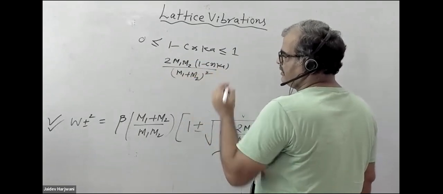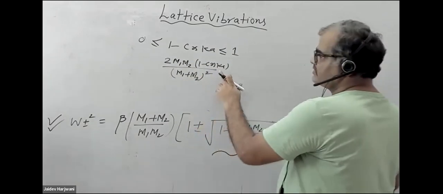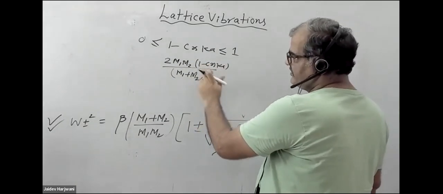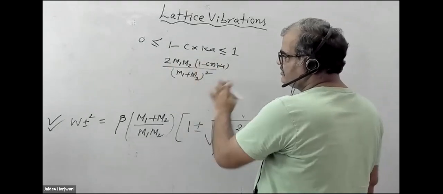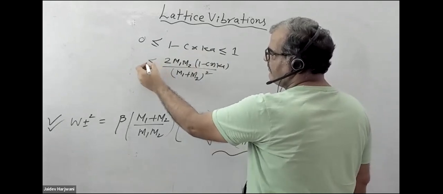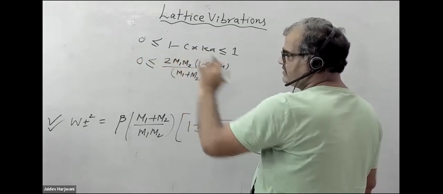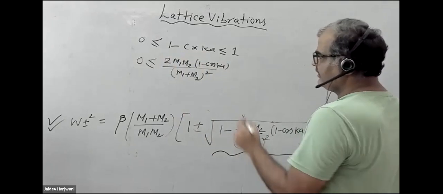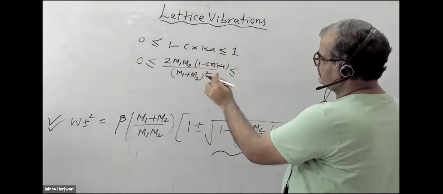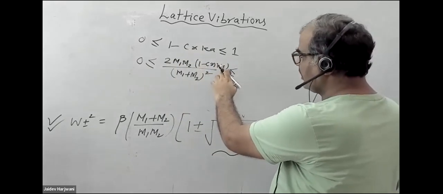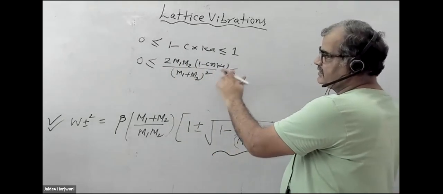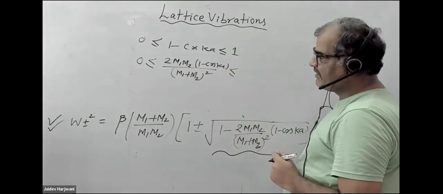Now you can see the minimum value of 1 minus cos ka is 0. If this is 0, this whole part is 0, so the minimum value of this whole part is 0. And if cos k is -1, then what will happen?